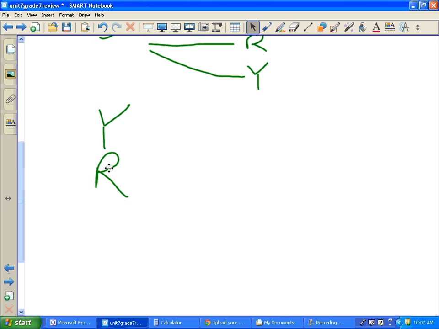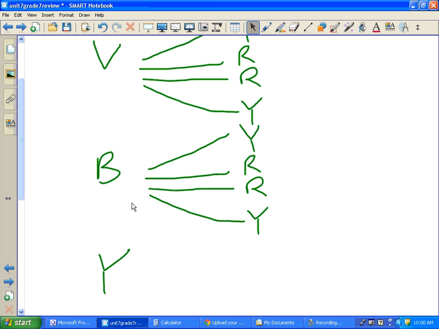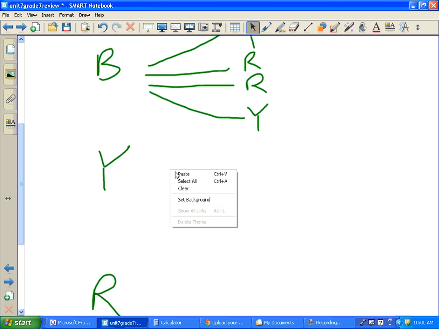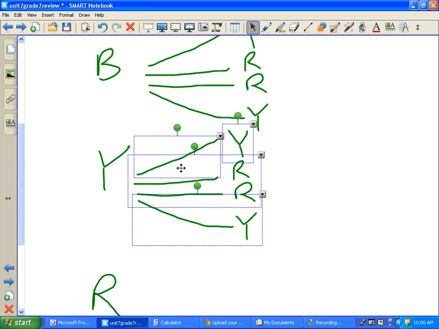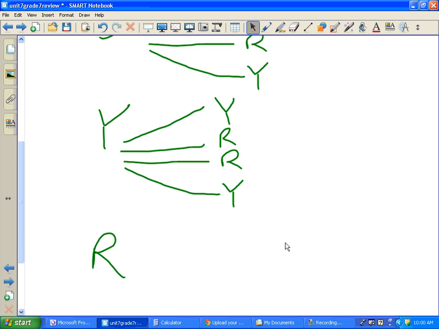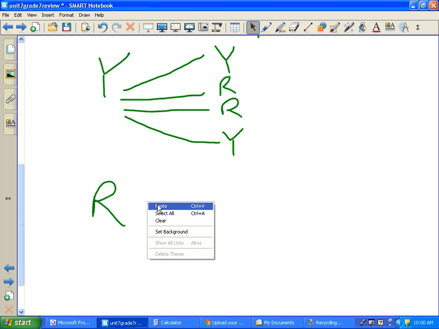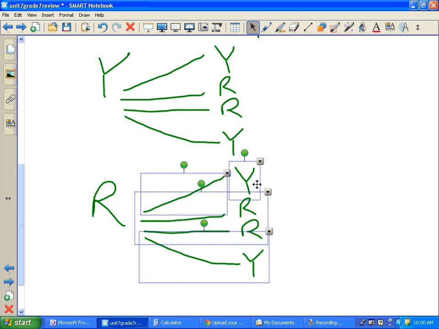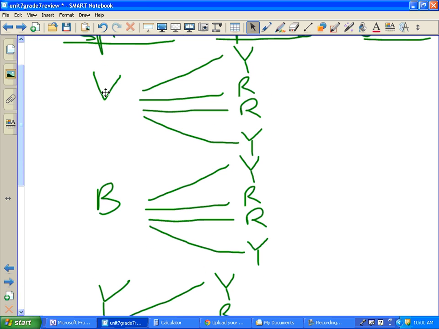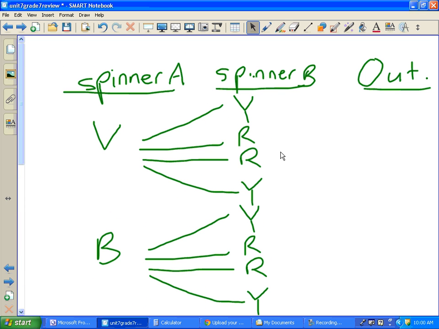So if I got blue, I could have also gotten yellow, red, red, and yellow for my second spin. Again, if I got yellow on my first spinner, I could have also gotten yellow, red, red, and yellow on my second spinner. If I got red on my first spinner, I also could have gotten yellow, red, red, or yellow on my next spinner. So now I've written all my possible outcomes.